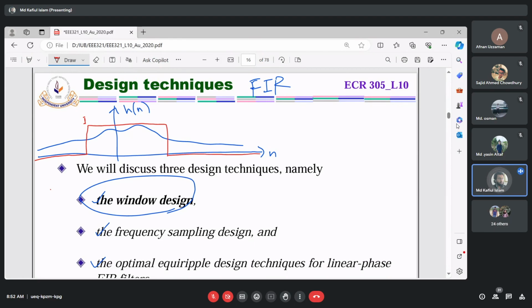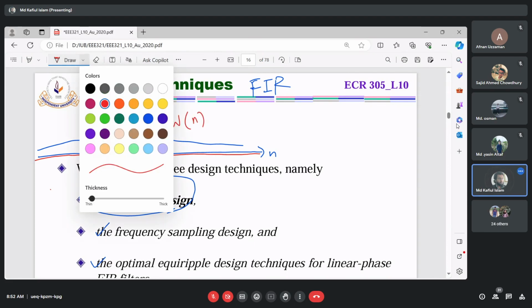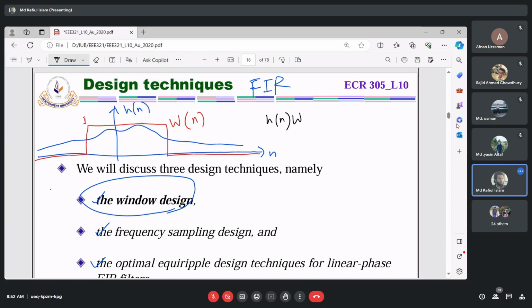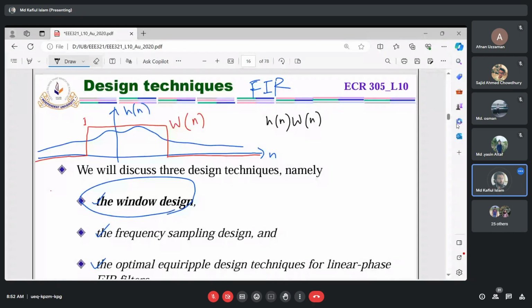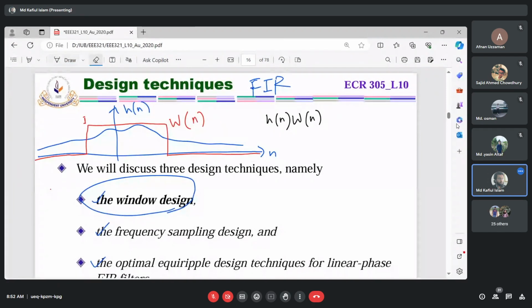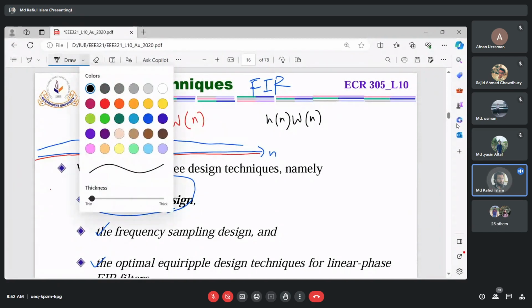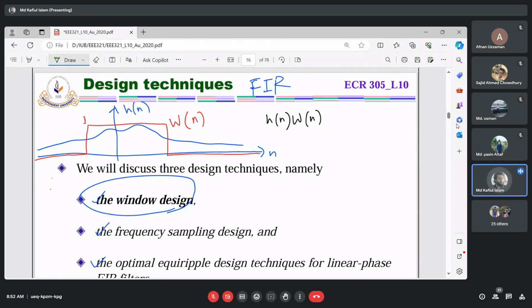Okay, so if I multiply our hn with this window function, say wn, what will happen in time domain? I will easily understand that I will end up with only this part, right?